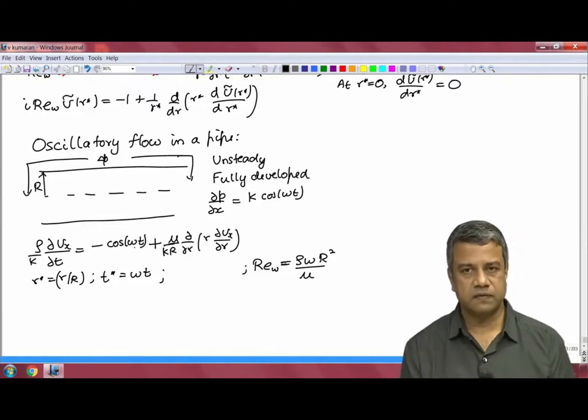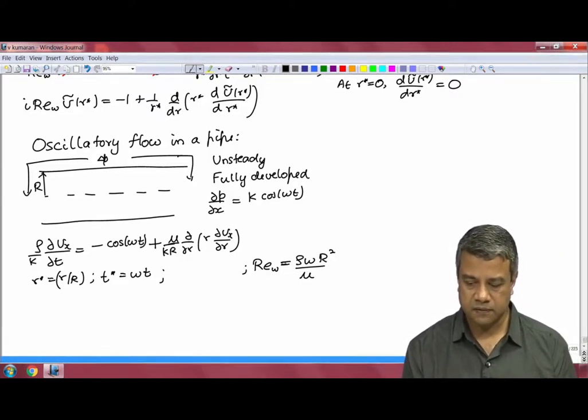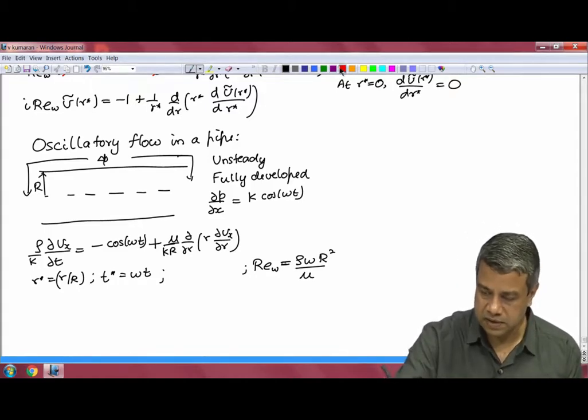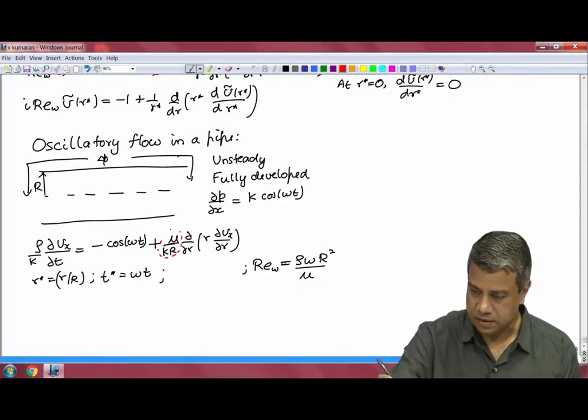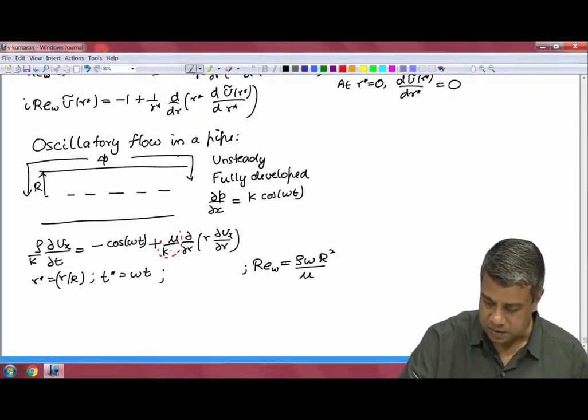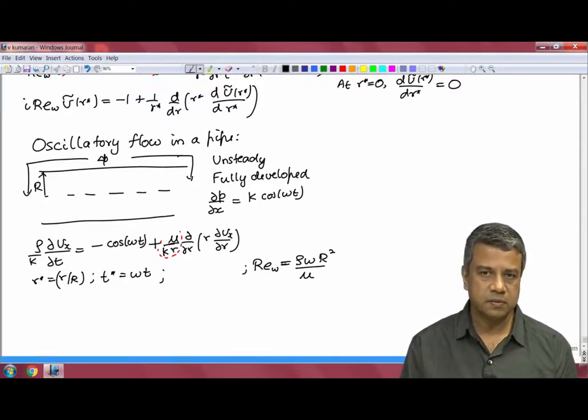And then this forcing function, cos omega t, is dimensionless, and therefore all other quantities are dimensionless, and that gave us two scales for the velocity. I am sorry, this should be capital R, and this should be smaller. And we had chosen to scale it by the viscous scale.